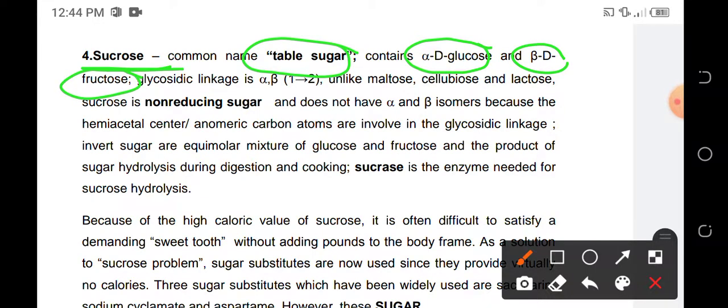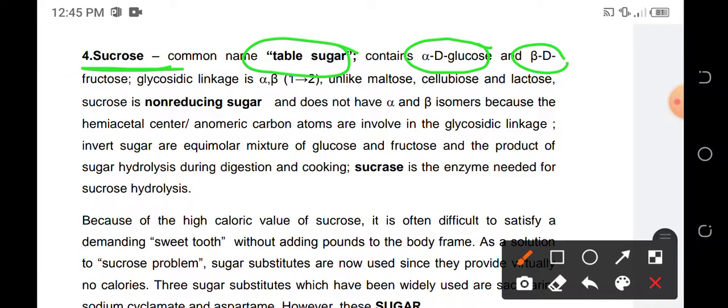So, ulitin natin kanina, for maltose, you need 2 glucose units. And for cellobiose, still 2 glucose units. For lactose, you have glucose and galactose. And the last, sucrose, you have glucose and fructose. Okay.